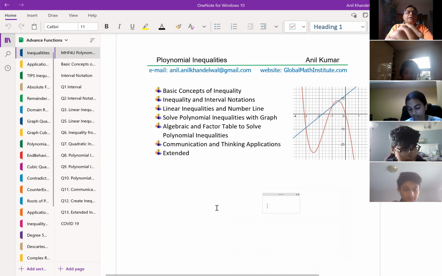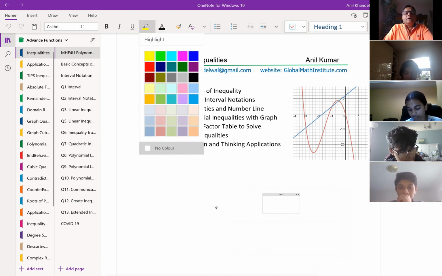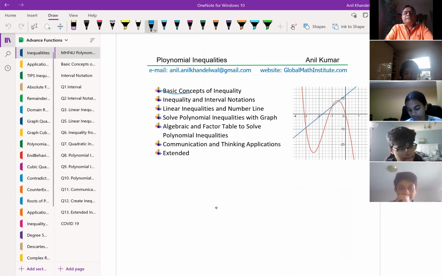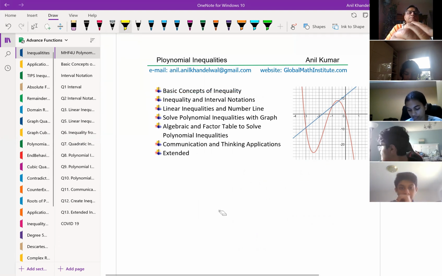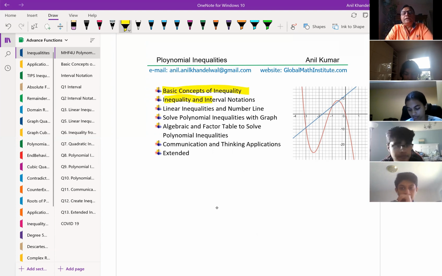Yes, sir. Okay. We'll learn about basic inequalities in just a minute. We'll see the inequality and the interval notation. We'll have an example on linear inequality and on number line. We'll see how polynomials are solved using inequalities, with an algebraic solution using factoring, right? That's what we'll do.